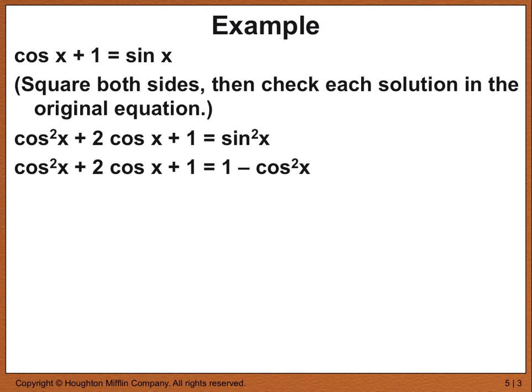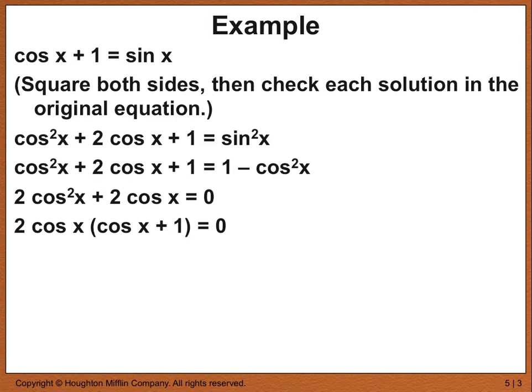Now we're just going to do a bunch of combining like terms. So 2 cosine squared x plus 2 cosine x equals 0. We just put whatever was on the right side of the equation to the left. That gives us 0 on the right, and now we can proceed as we normally would with a quadratic equation. We factor out the 2 cosine x, and we have 2 cosine x times the quantity cosine x plus 1 equals 0.